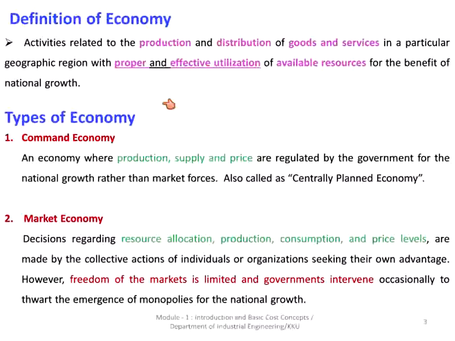So these are all the different resources which an organization is using. For what? They are using it to produce something. Something in the sense maybe in the form of a product, in the form of a process, or in the form of a services, right? So how best you can use this resource effectively.